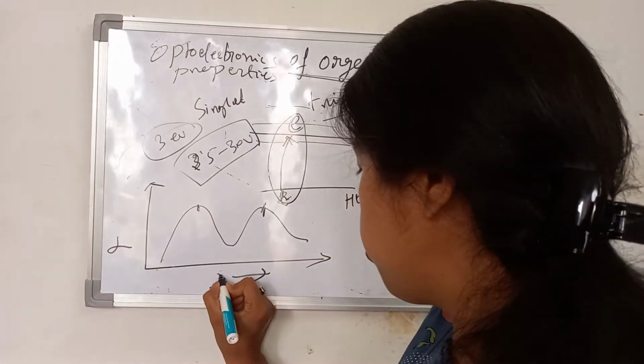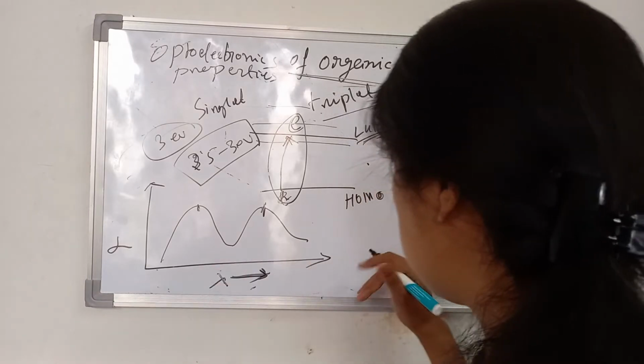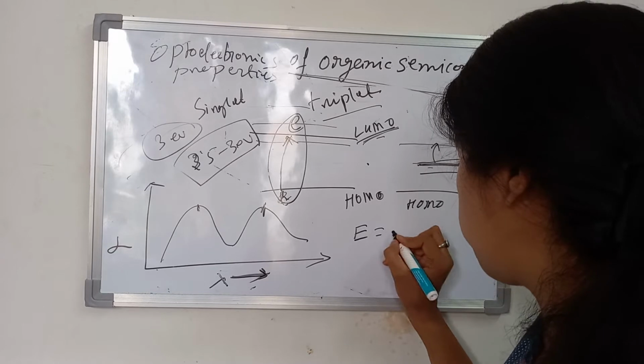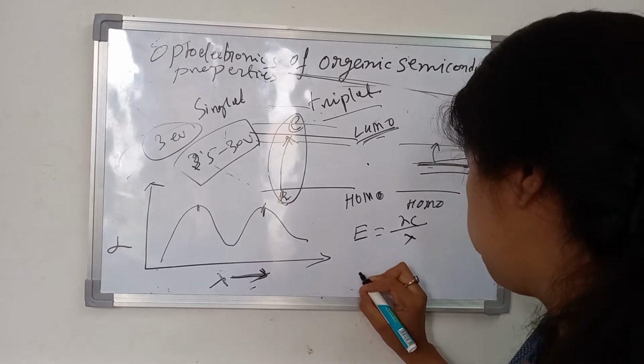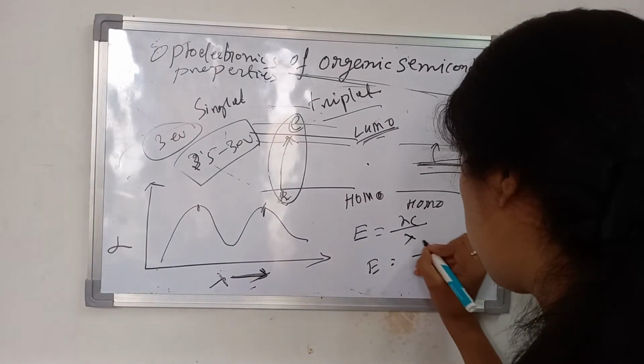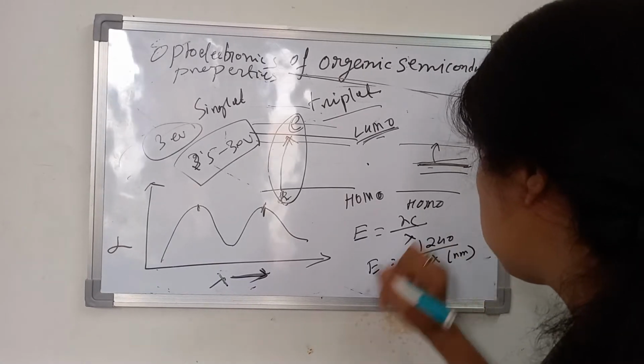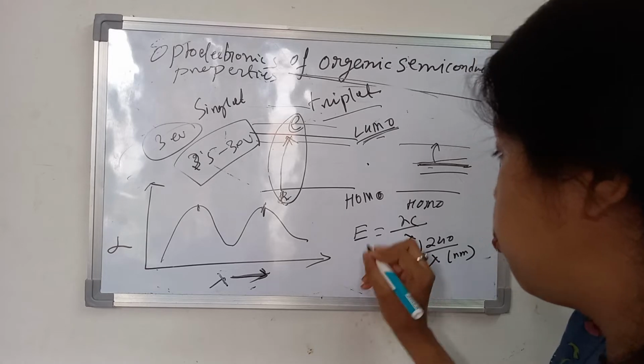This axis is related to lambda. There is a relationship between band gap and lambda: E equals hc by lambda, or E equals 1240 by lambda, where lambda is in nanometer. From here we get the band gap.